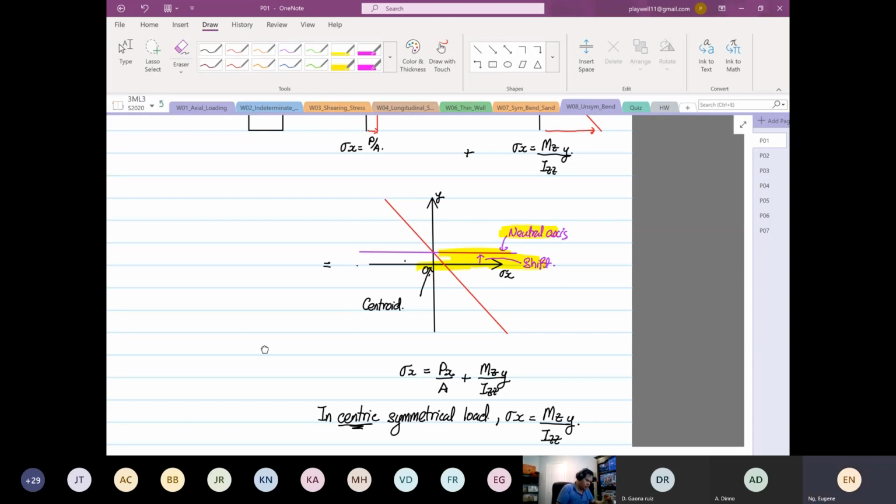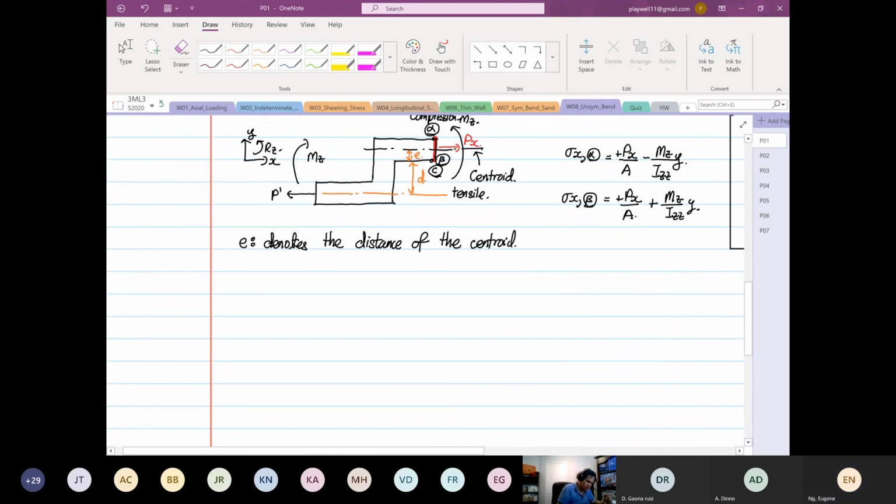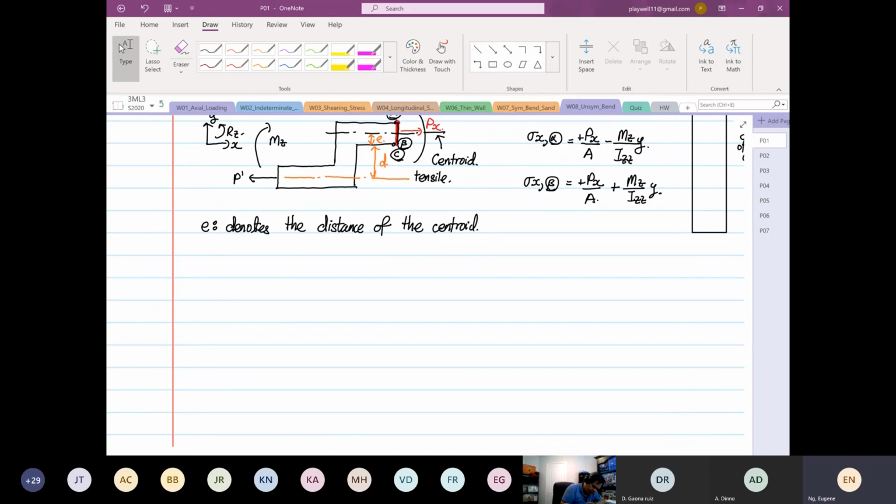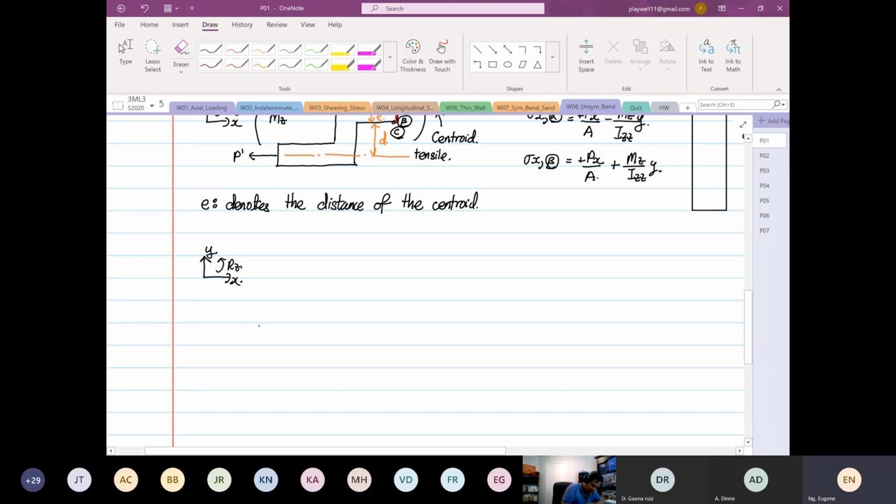No? Okay. So what if now I draw the same figure, and I only change the direction of the force applied? So this is rotation in our Z. What if now I change the direction of the force?